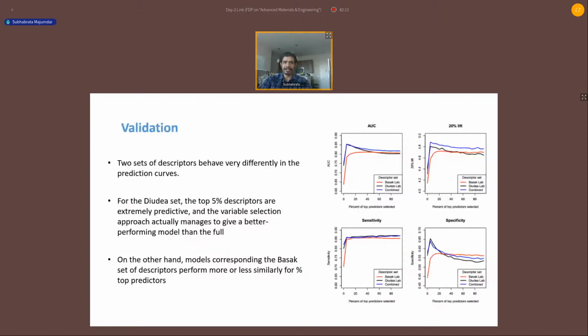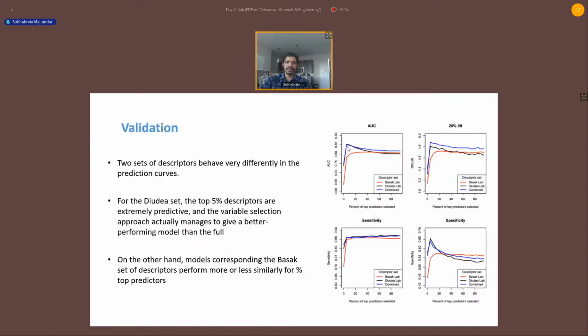So as you can see here, the area under curve, if it's good, it has higher value. Same for the lift, sensitivity, and specificity. If the model is performing well, it has higher value.